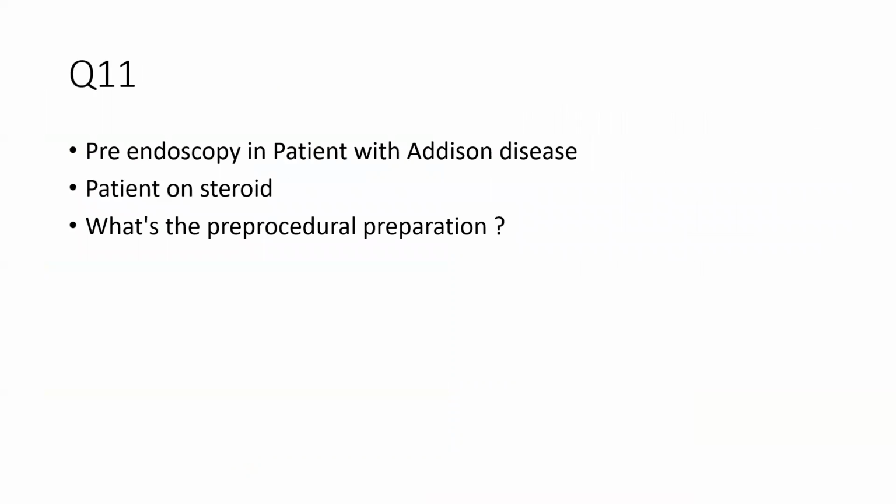Now, endoscopic preparation in a patient with Addison's disease or primary adrenal insufficiency. This patient was on steroids. What is the pre-procedural preparation? Again, we should know what all the options are and what can appear in the exam.